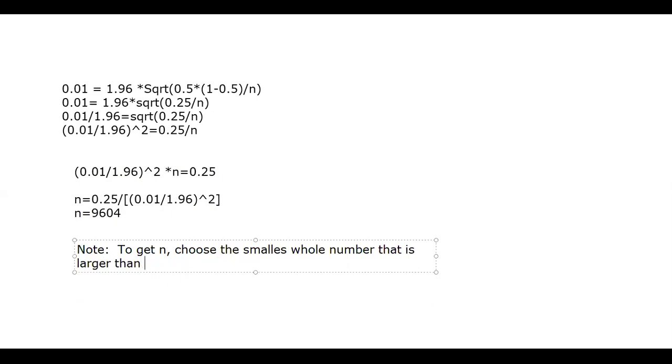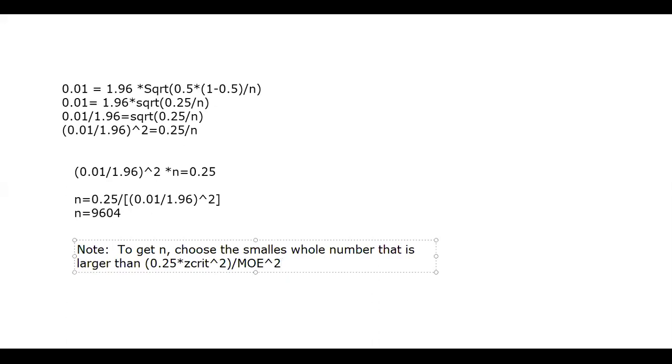That is bigger than 0.25. So let me put parentheses around it to show that this is in the numerator: 0.25 multiplied by your z value squared, divided by your margin of error squared.